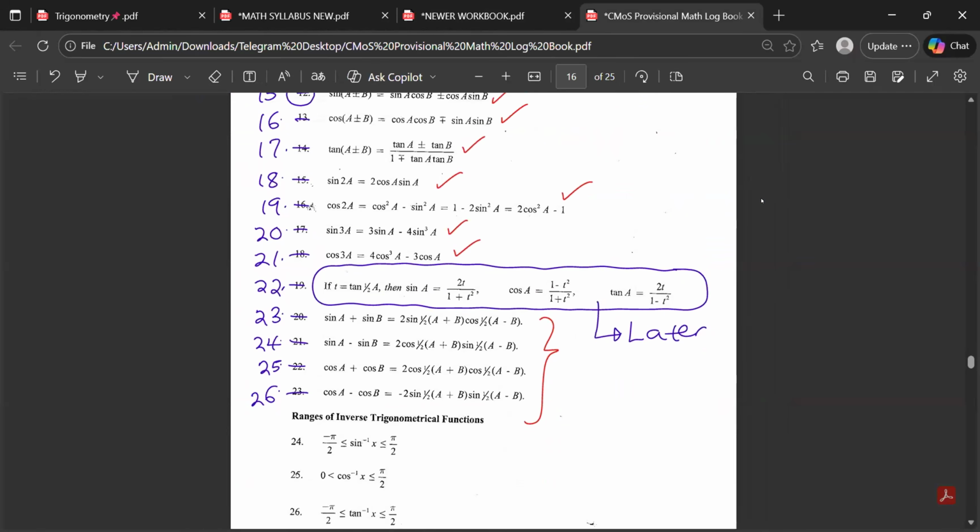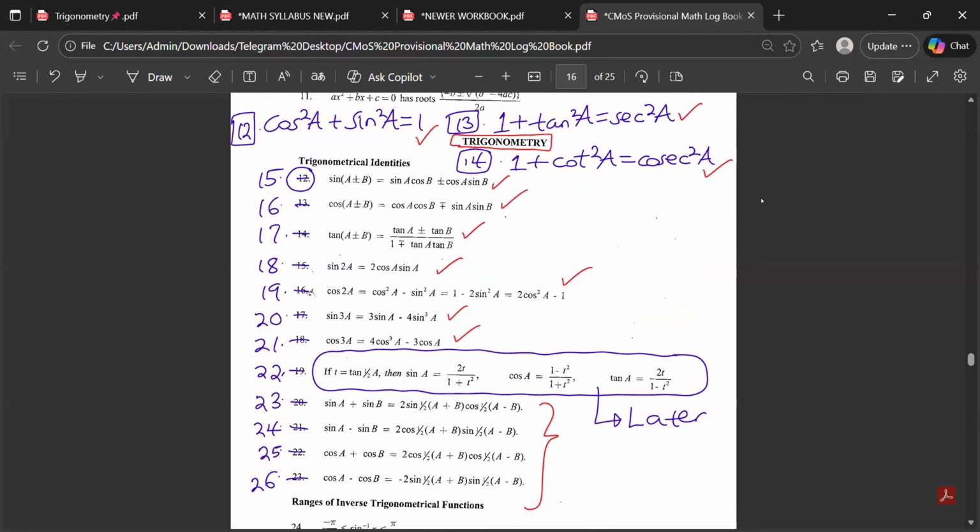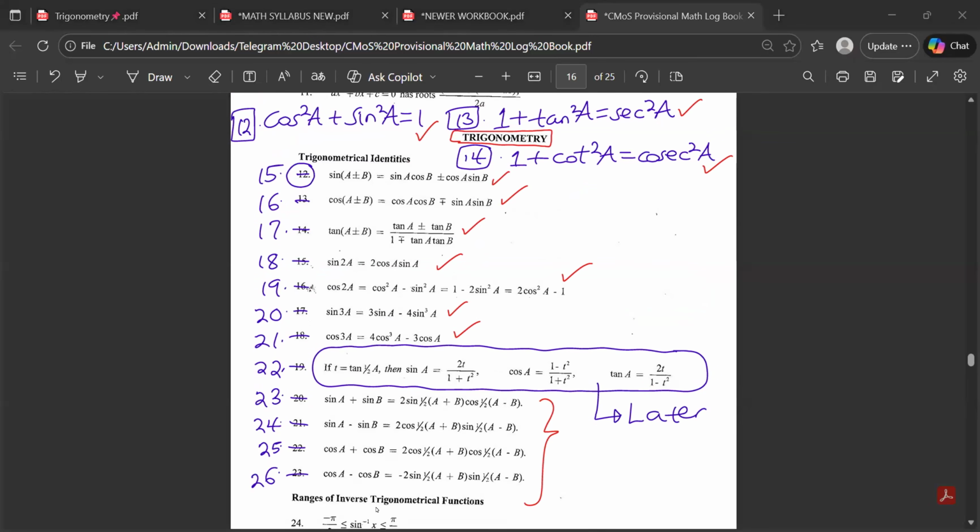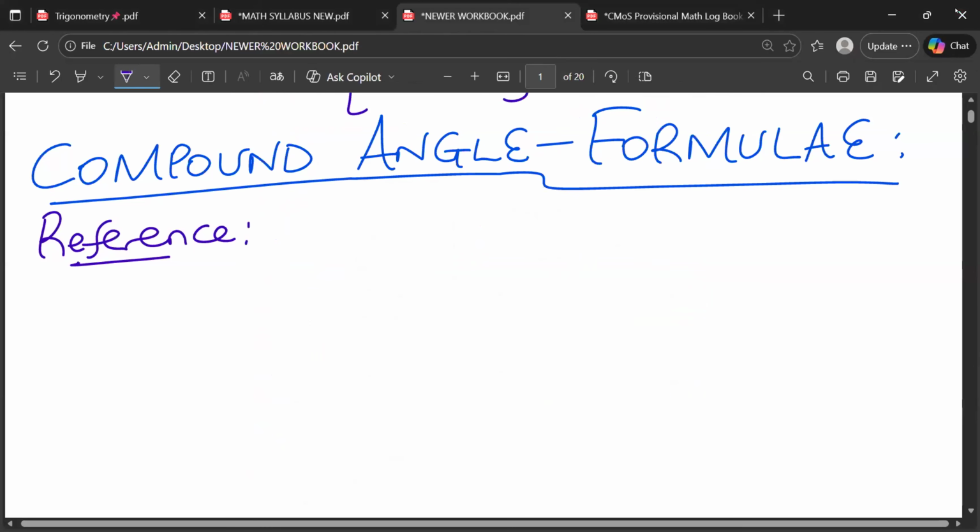Is it on page 60? Which page in the logbook? I want to confirm with you people. Yes, I think I'm seeing some people saying page 60. Let me hope it's the right one. Okay, page 60. So I'm going to come here and give you the reference as the logbook.